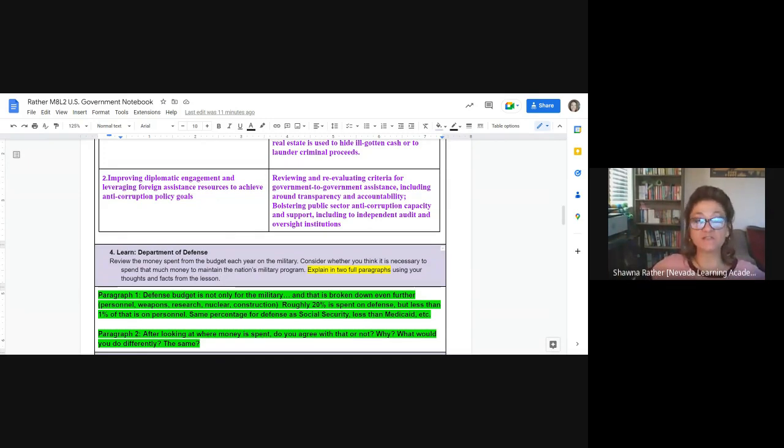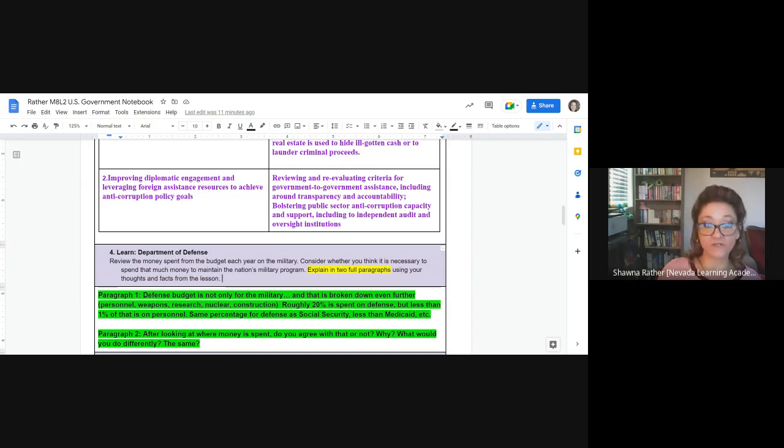The defense budget is not only for the military and is broken down even further: personnel, weapons, research, nuclear, construction. Roughly 20% is spent on defense, but less than 1% of that is on personnel. The same percentage spent on defense is spent on Social Security, but even less than what is spent on Medicaid.